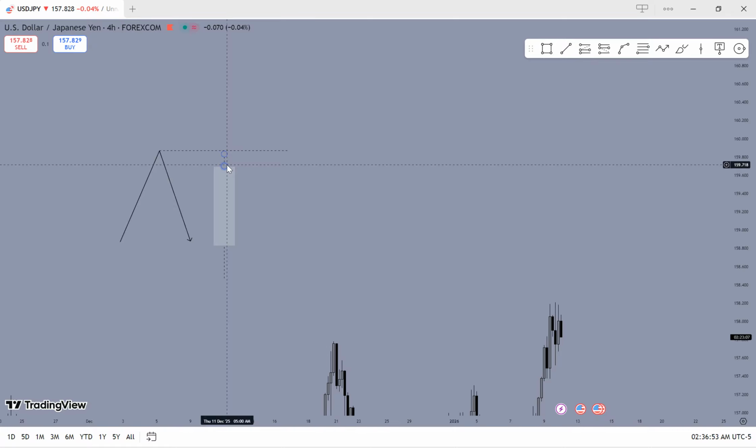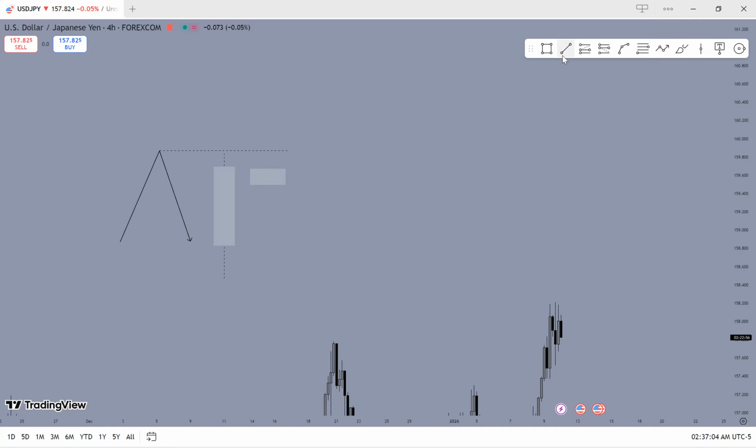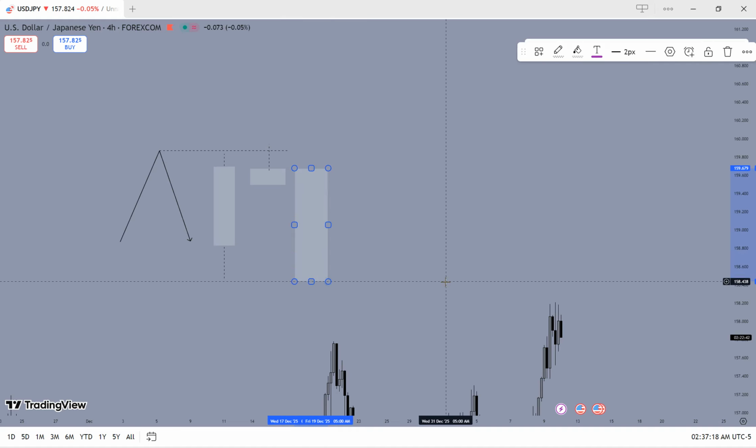So we now wait for one of the parts to be swept. So let's say we have this high swept now. Then while sweeping this high, this candle also touched this A-shaped level right here. What are we expecting right here? We are expecting an expansion to the downside, right? Something like this, to the opposing end of the candle.